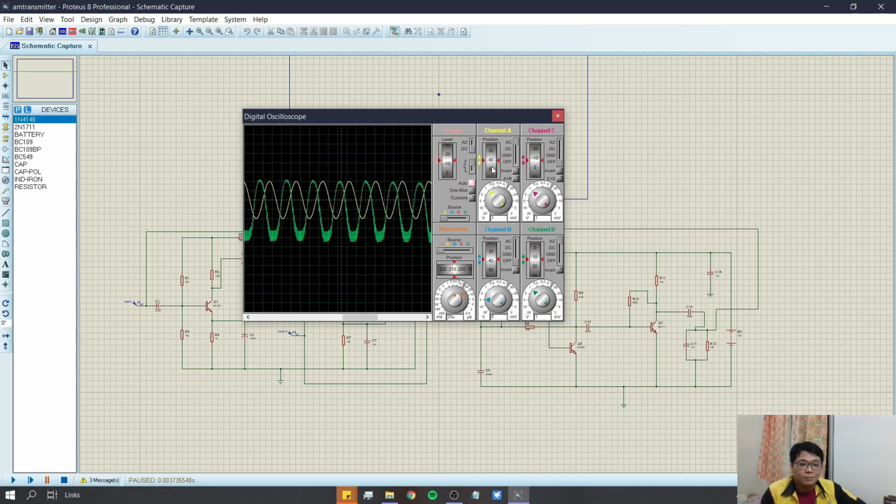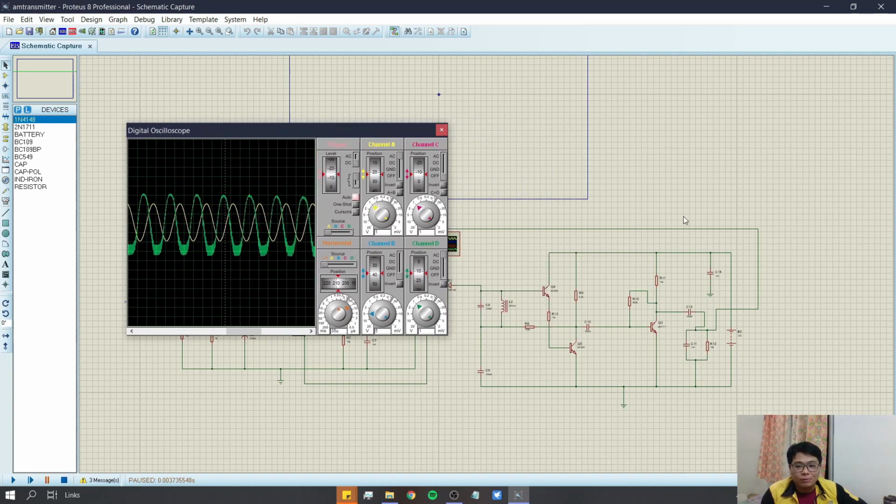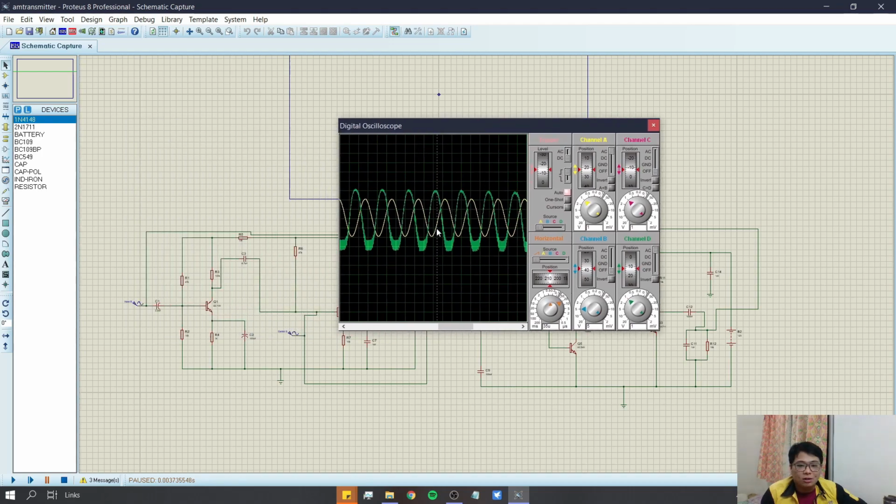We can see that the demodulated signal, the green one, has a higher amplitude compared to the yellow input signal. This is because in our receiver circuit, there are a few stages of amplification, so it causes our demodulated signal to have a higher amplitude compared to the original signal.